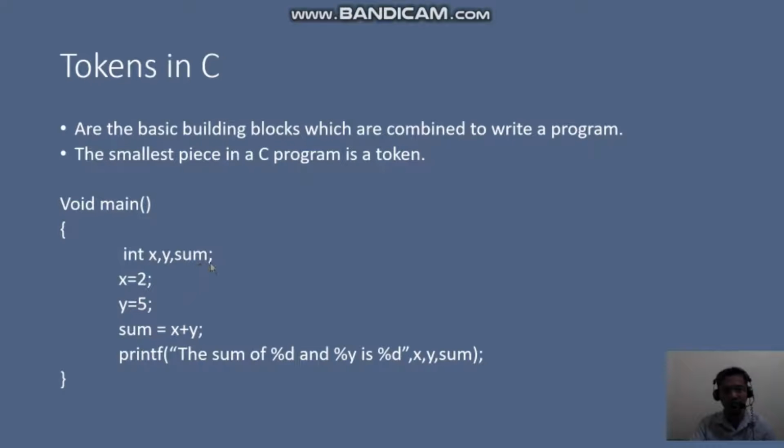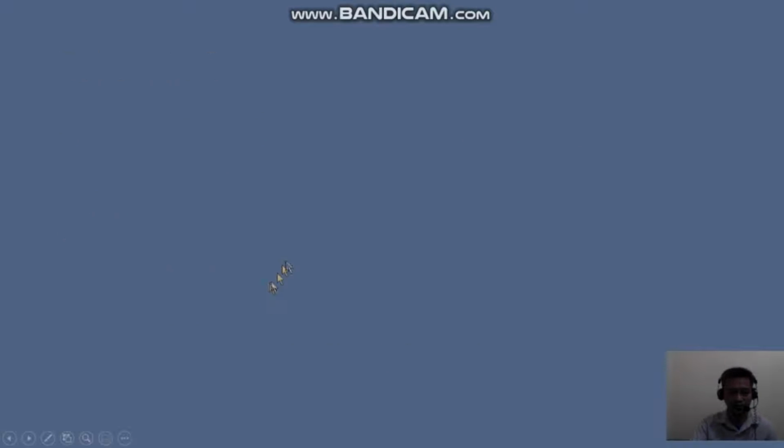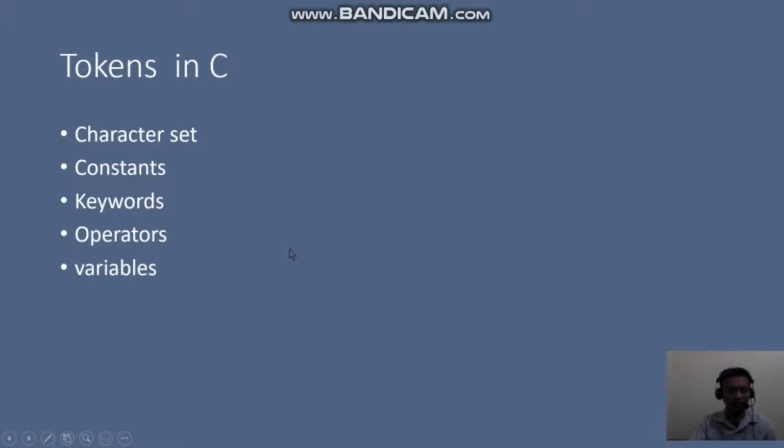Even the terminator semicolon is still a token. Open curly brace and close curly brace are tokens. So in essence, we have 5 types of vocabulary words or tokens in C. We have the character sets, constants, keywords, operators, and variables.